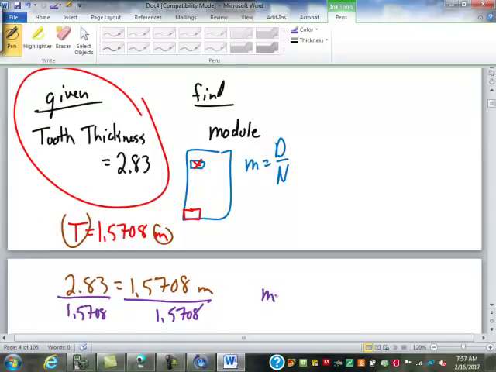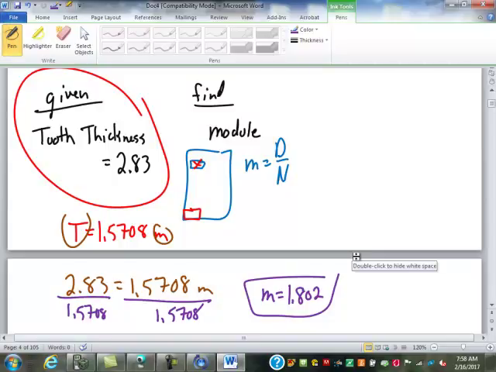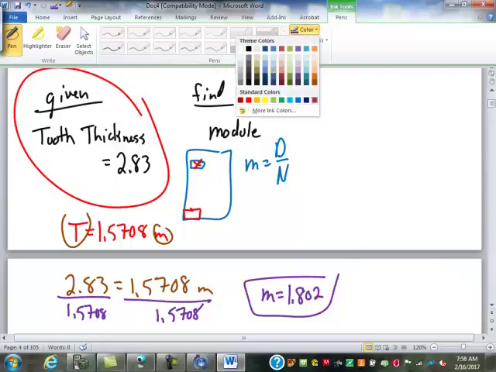So we get that M is 1.802 here. To me, it would make more sense to put pi times the module divided by 2, or pi divided by 2 times the module, but they want to use all these decimals in here for some reason. Okay, any questions?